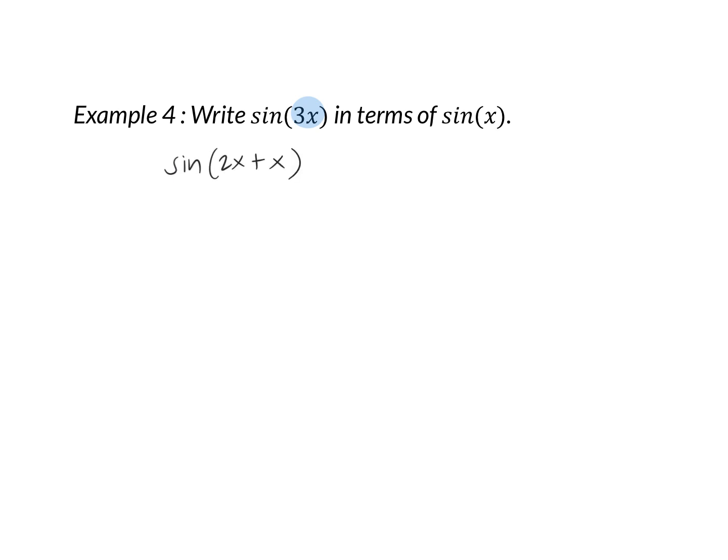We're going to use our formula from last class with the sum of sine, so that's going to be number 18. I'm going to rewrite this into sine of, this is going to be my a value, this will be my b value. So sine of 2x times cosine of x plus cosine of 2x times sine of x.